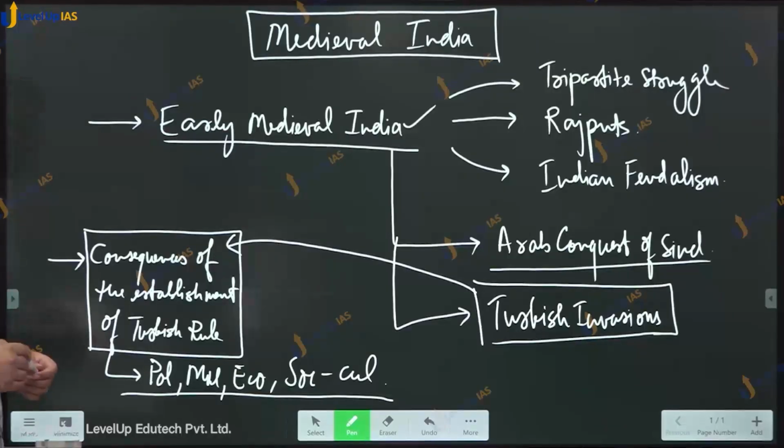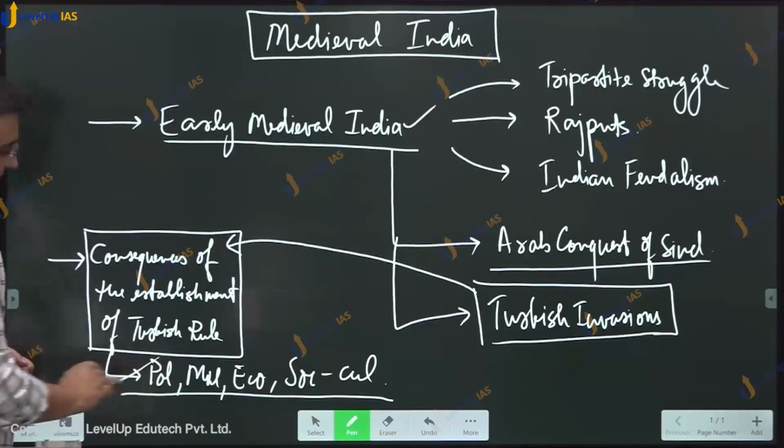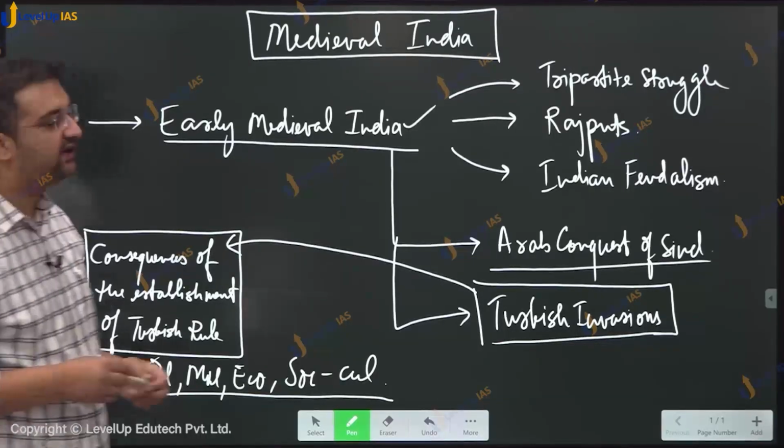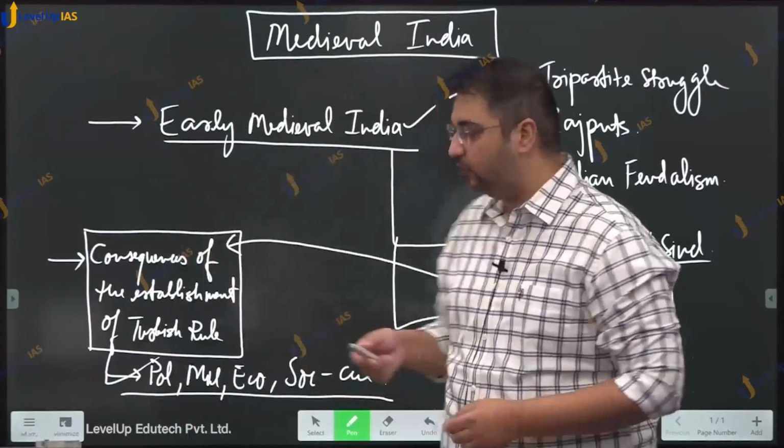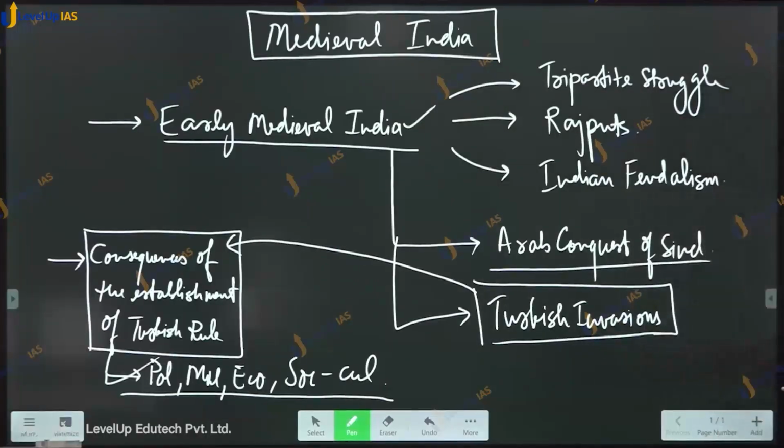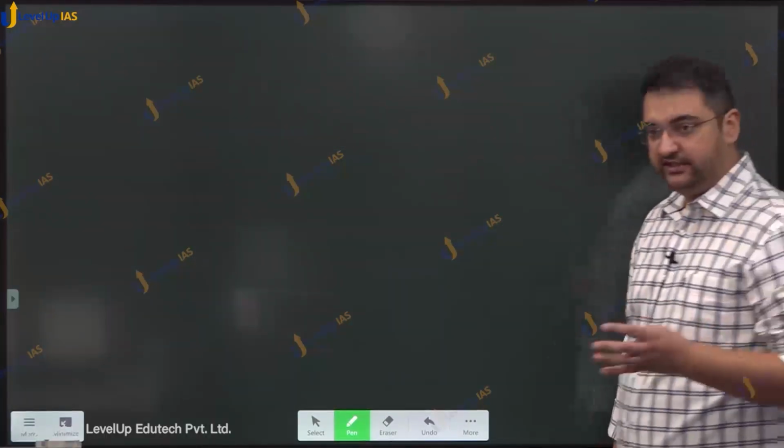ठीक है. In fact, underlining the process of historical change is going to be our main objective while we are dealing with this portion of the syllabus, as it was with the first portion. In fact, if we have to break down the strategy for our preparation into various stages, तो हम 4 stages identify कर सकते हैं.